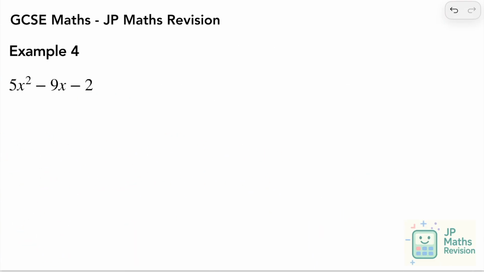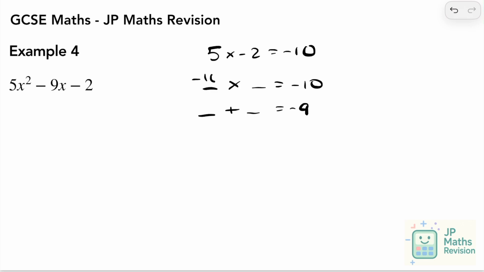So this question here, again, we're going to do the same method. So 5 times minus 2 is minus 10. Then we need to think of two numbers that multiply to minus 10 and add to minus 9. So in this case, it's going to be minus 10 and plus 1. So we're going to rewrite it as 5x squared minus 10x plus 1x minus 2.